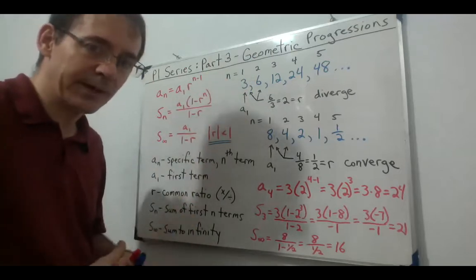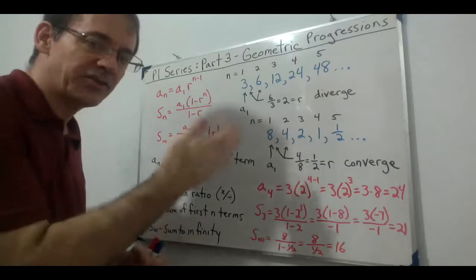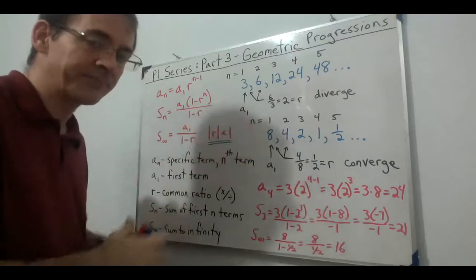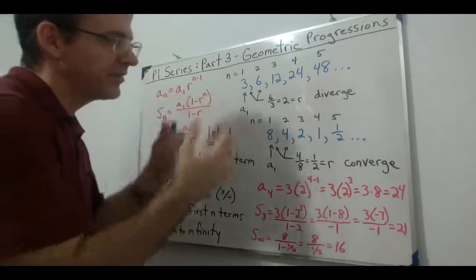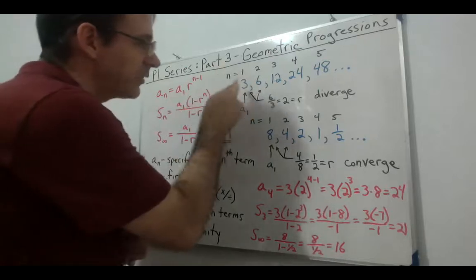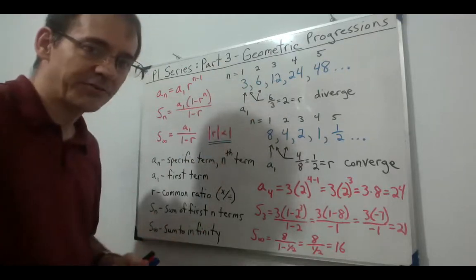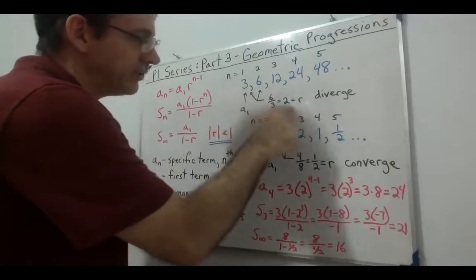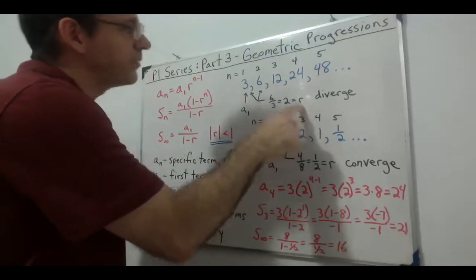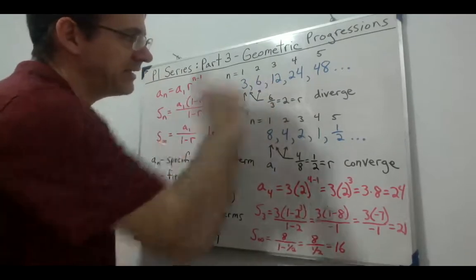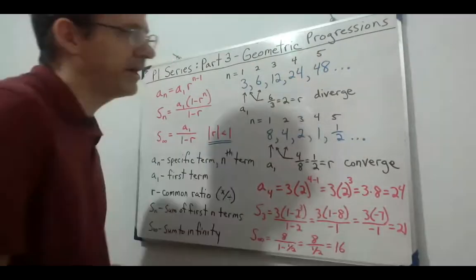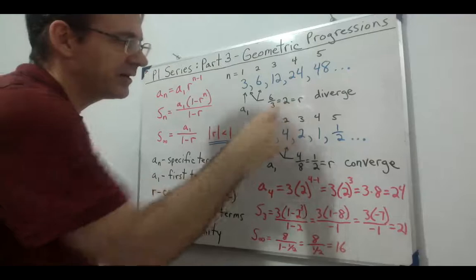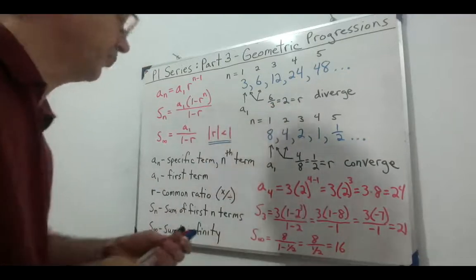Kind of like arithmetic progression, we took the second one minus the first one, the common difference. This is a common ratio. Take the second one, divide by the first one. So whether you go 6 divided by 3, you get a common ratio of 2, or whether 12 divided by 6, or whether 48 divided by 24, you still get a common ratio of 2.